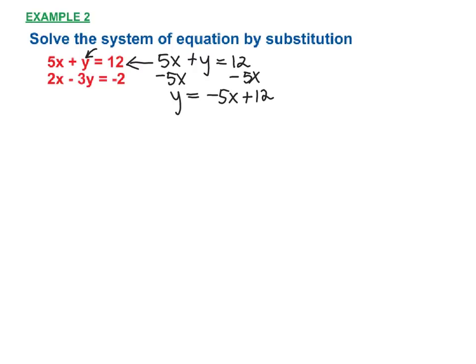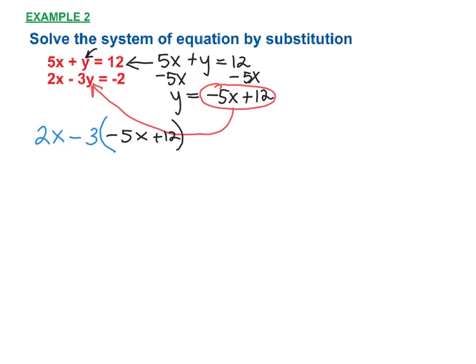It's a useful way, usually, to write y equals something. Now this whole thing right here is the value for y, so I can plug that into the second equation for y. I'm going to have 2x, minus 3 times that value, which is the y value, -5x plus 12, and that's going to be equal to -2.